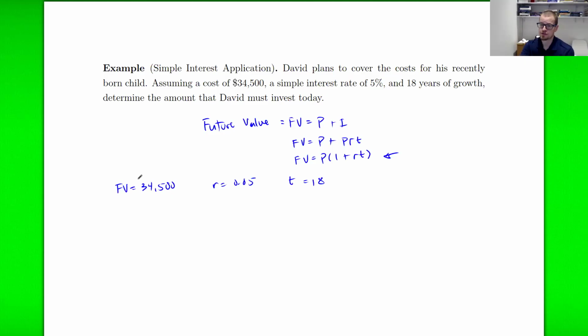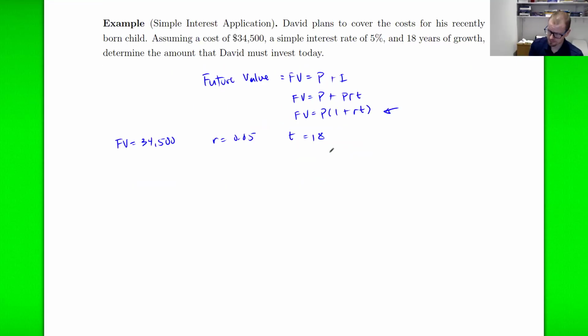So we have future value, rate, and time, leaving us just with the principal that we don't know, which is precisely what the question is asking for. So that is wonderful. That allows me to write the equation 34,500, the future value desired, is equal to P times 1 plus 0.05 times the 18. P times 1 plus RT.